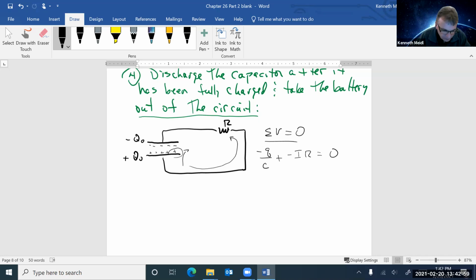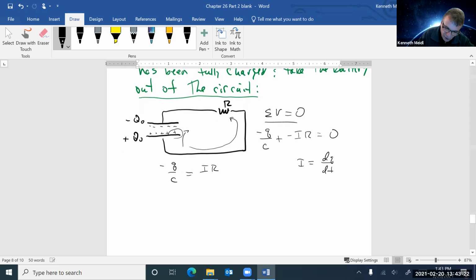So what do we do here? I'm going to write this as minus Q over C equals I times R. I'll just put that term on the other side. And once again, I equals dQ/dt.